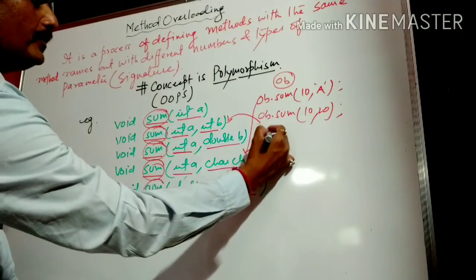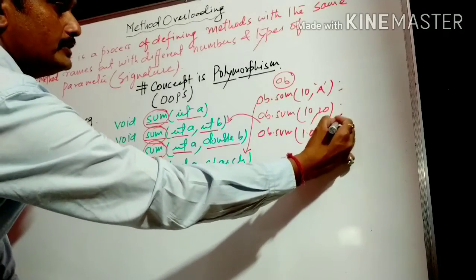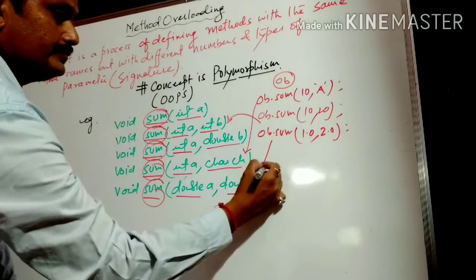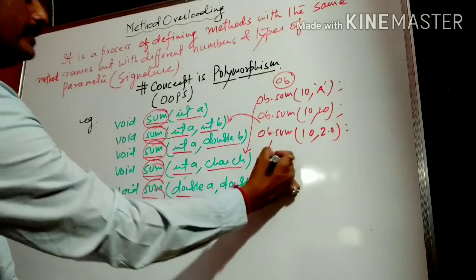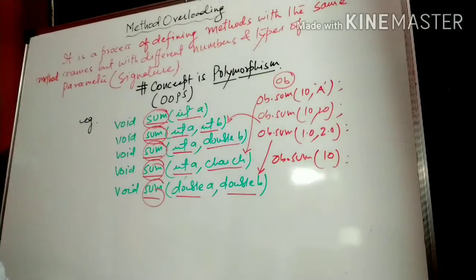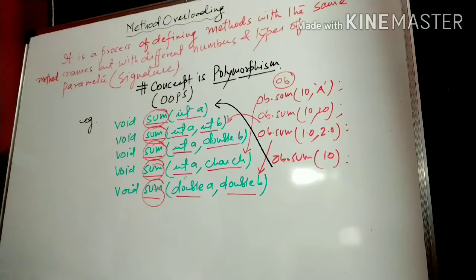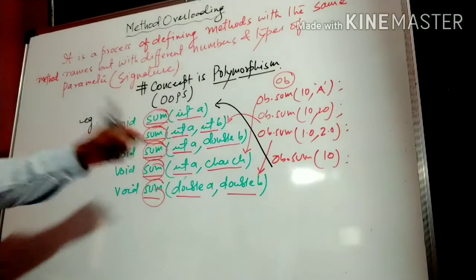If you write ob.sum with 1.0 comma 2.0, both are double. If you write ob.sum with one integer signature, this method will be called. This is the way to call all the methods in method overloading.